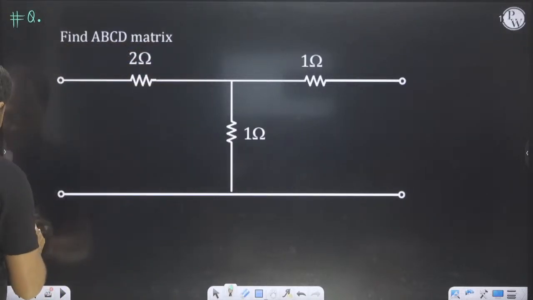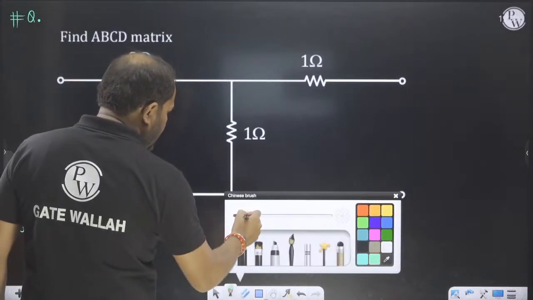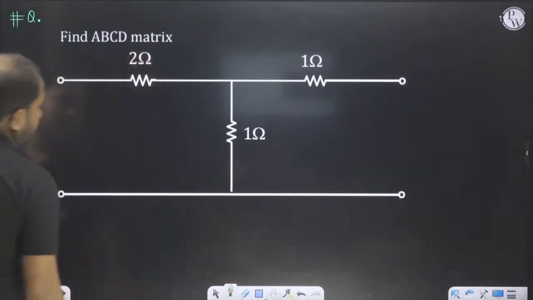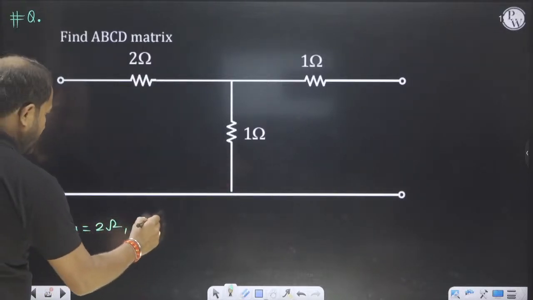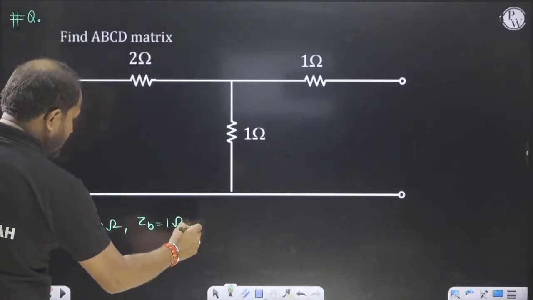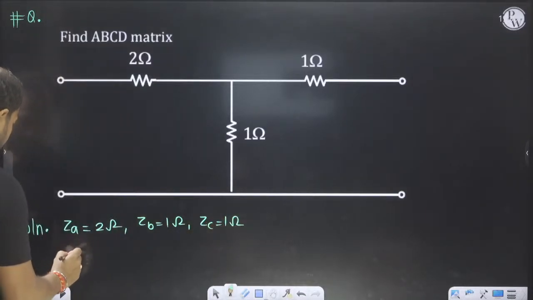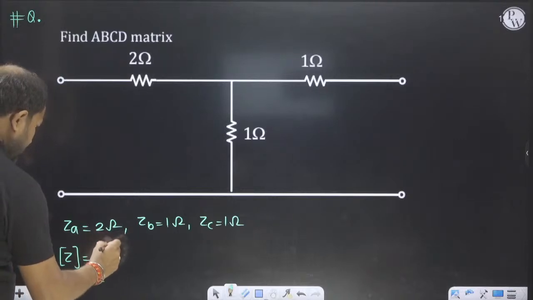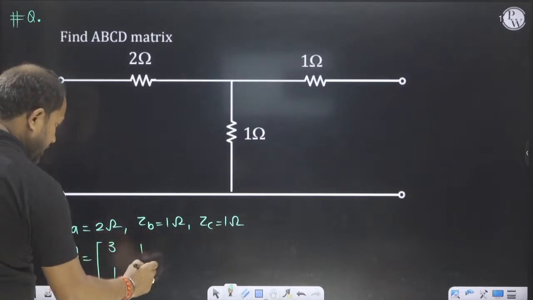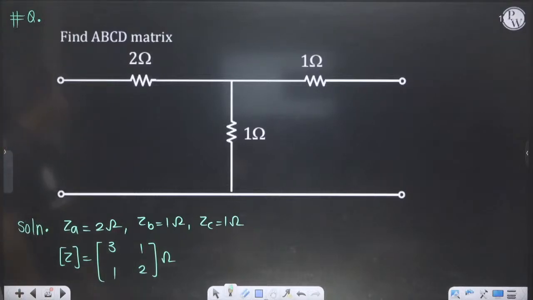First you will calculate ZA, ZB, ZC. ZA is equal to 2 ohm, ZB is equal to 1 ohm, ZC is equal to 1 ohm. So the Z matrix will be ZA plus ZB, 2 plus 1, 3, ZB 1, 1 and ZB plus ZC 2. So this is our Z parameter.